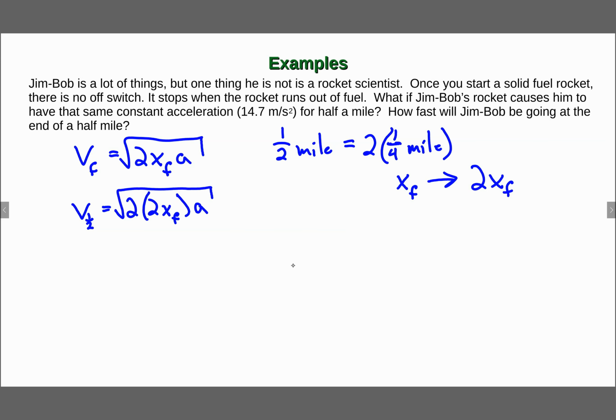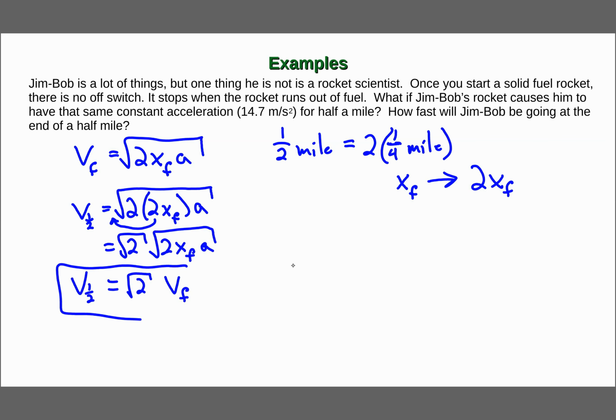And now we have this for it. And then if I want to pull this 2 out of here, I would have root 2 times the square root of 2 x final a. And that would be equal to root 2 times V final, right? His speed at the end of the quarter mile. So his speed at the end of the half mile is root 2 times his speed at the end of the quarter mile.